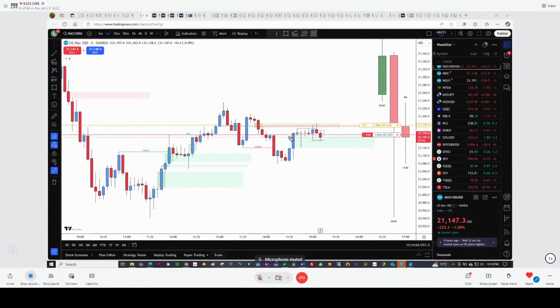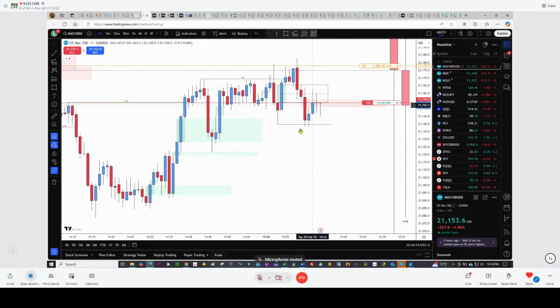We're inside this gap, so yes, they could come down, but yes, they could go up too. I'm not getting perfect confluence here. They did not close below. Everything else lines up nicely. I've got a sweep here, but they didn't close. So I'm looking for a drop back down to take out this low.